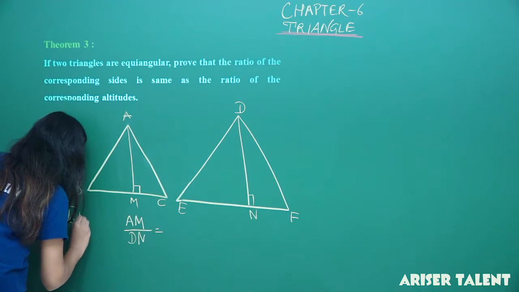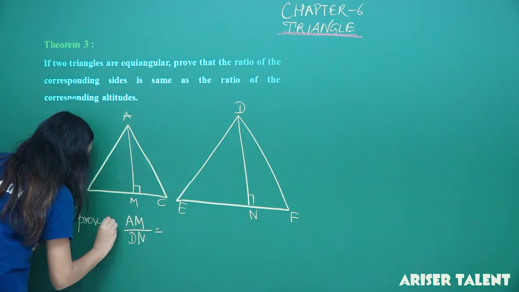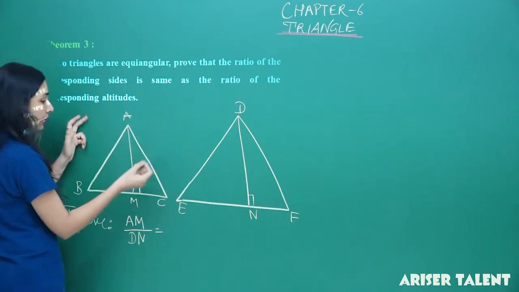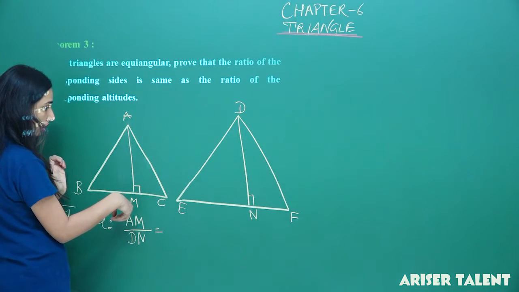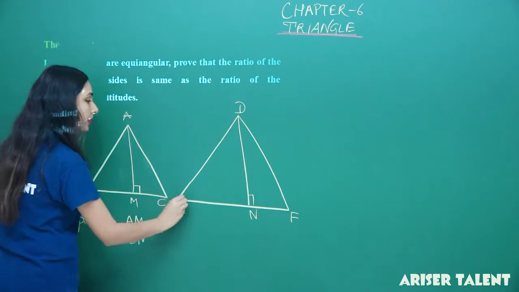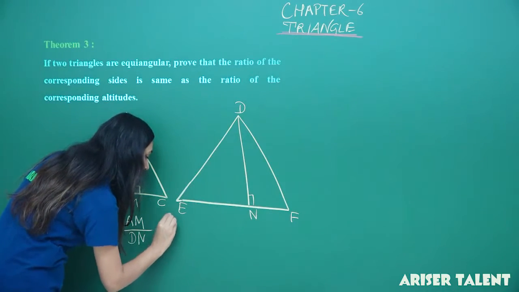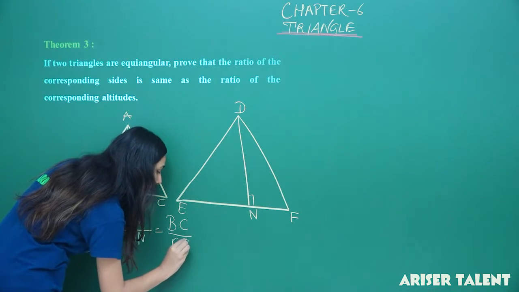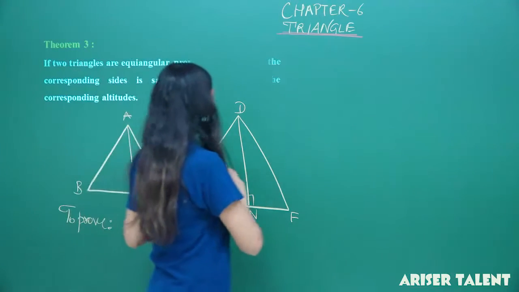We have to prove this, right? That the ratio of the corresponding sides. Now the corresponding sides are BC and EF. This is what we have to prove.